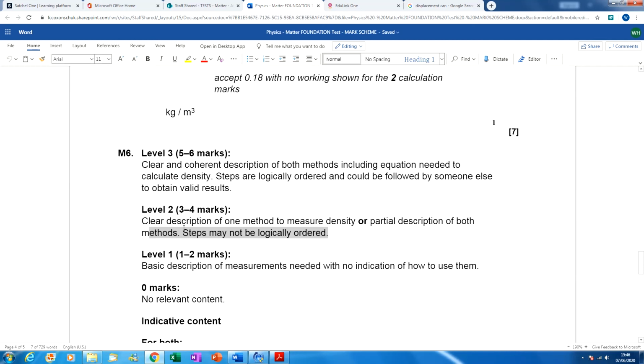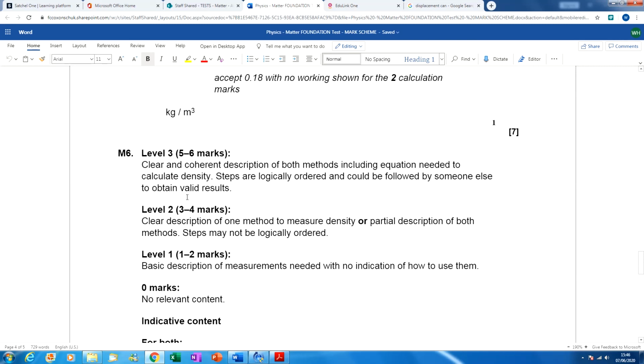To get 5 or 6 marks, you need a clear and coherent description of both methods. So coherent just means that the marker can follow it step by step and understand each step and how it's done. You need the equation for density.